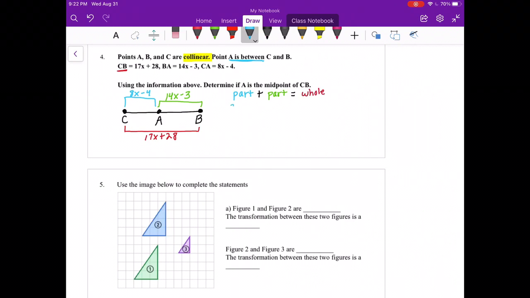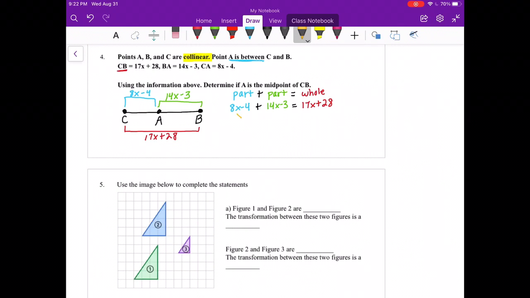In this case, 8x minus 4 is a part. So we're going to add that to 14x minus 3 and set both of those equal to 17x plus 28. Our next step is just to solve for x now. So we're going to start by combining like terms where we can.